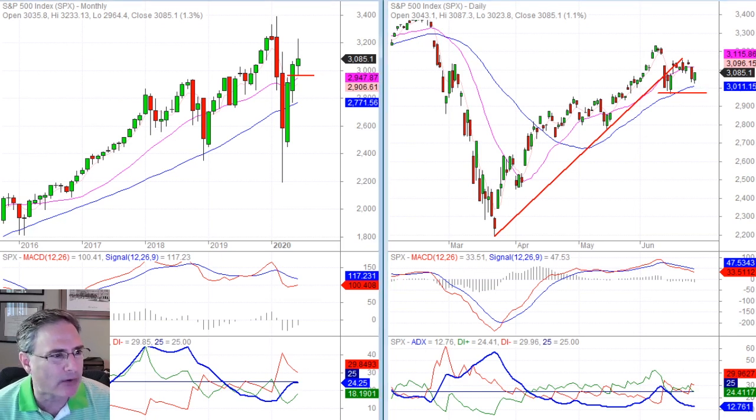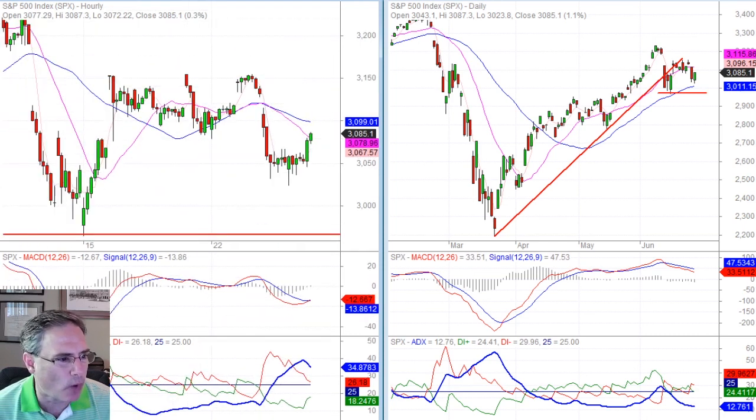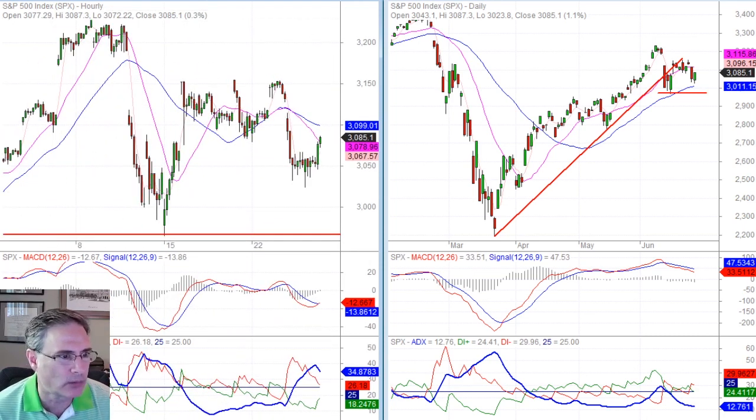If we go to an hourly chart, this is back to what we've been talking about for what seems like forever. What I'm looking for is, can this fail here and cause red DI to turn up above 25?